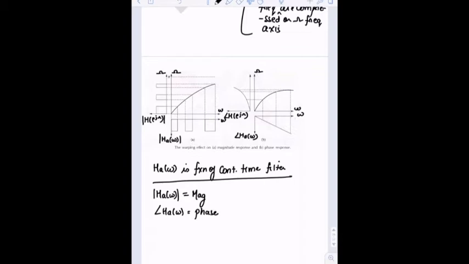I've drawn the figure here, and we can see that it's a linear phase system.